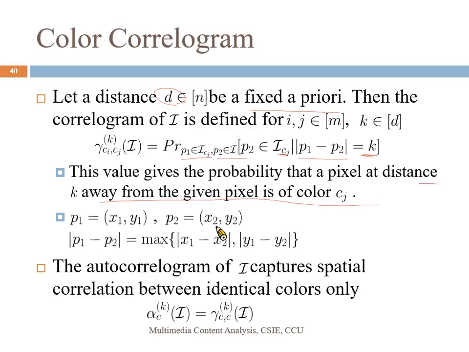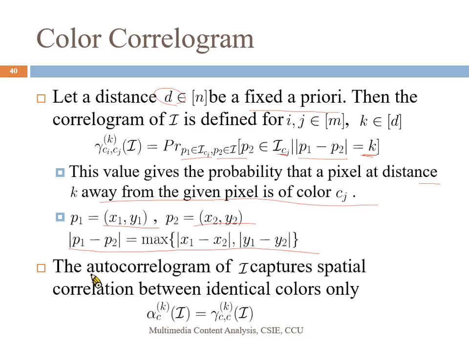How do we define the spatial distance? If one pixel is at (x1, y1) and another pixel is at (x2, y2), the spatial distance is defined as the maximum of the horizontal distance and the vertical distance. This is the so-called color correlogram, and the autocorrelogram of I captures spatial correlation between identical colors.